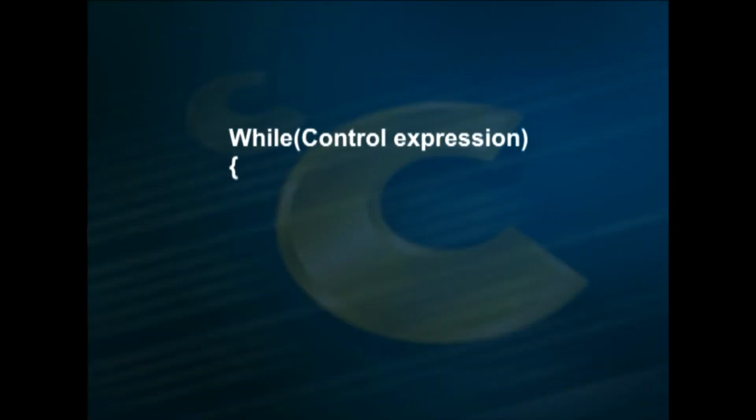Iteration statements. C has three kinds of iteration statements. First one is the while statement. While statement is of the form while (control expression) within curly braces statements. The statements inside the braces run repeatedly until the control expression evaluates to 0, otherwise it may not run at all.